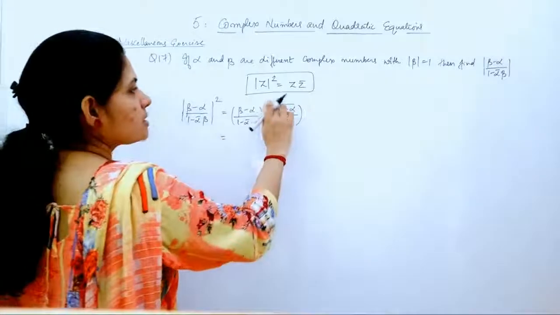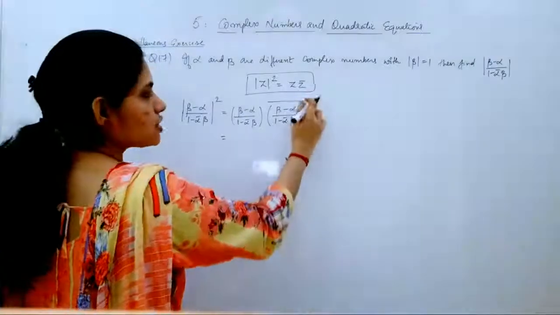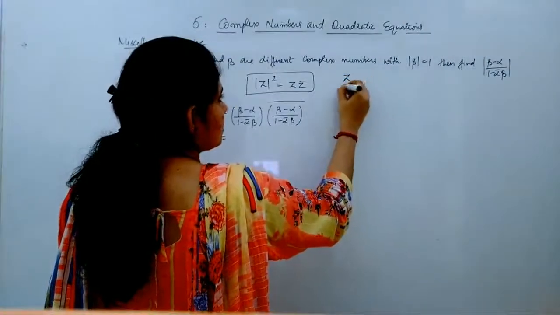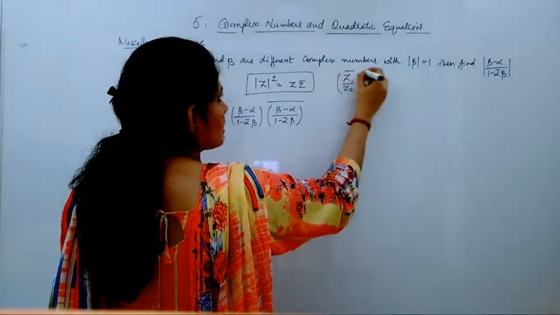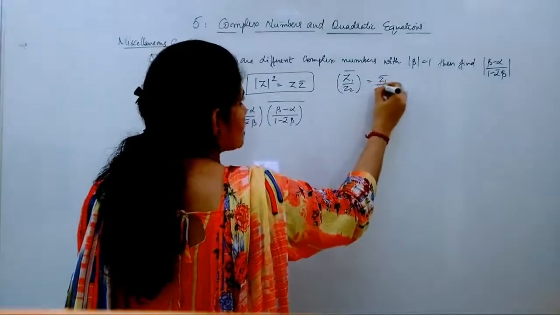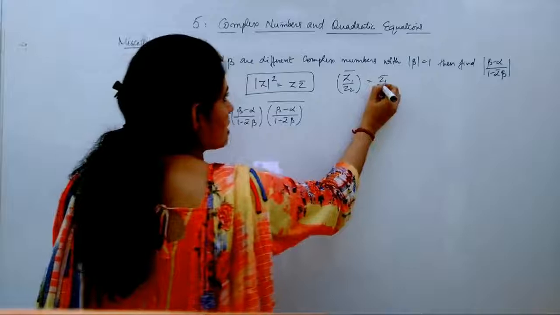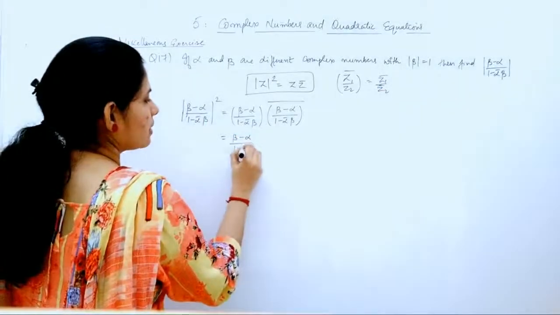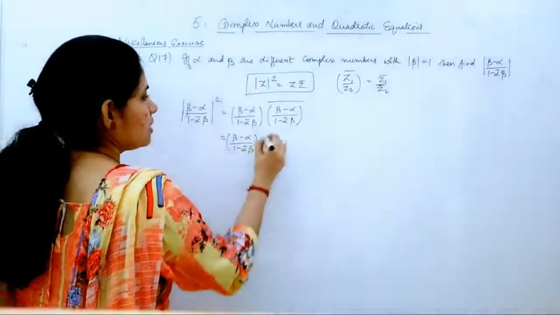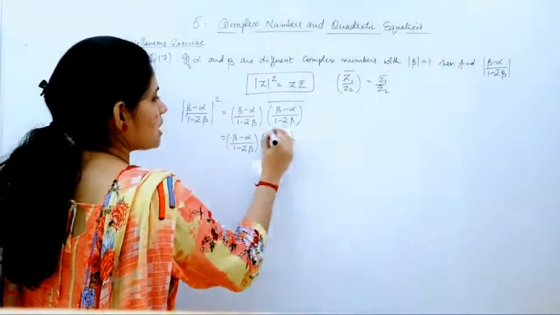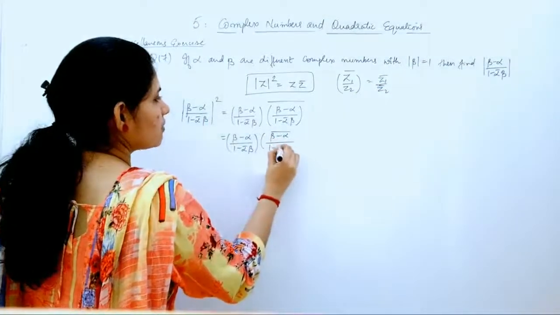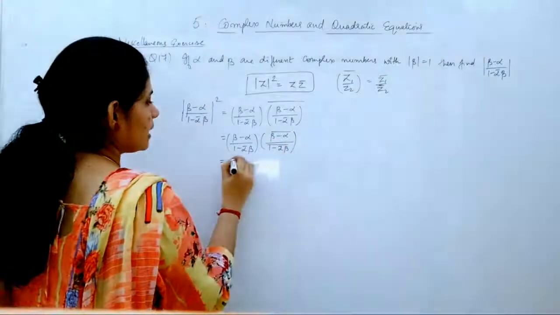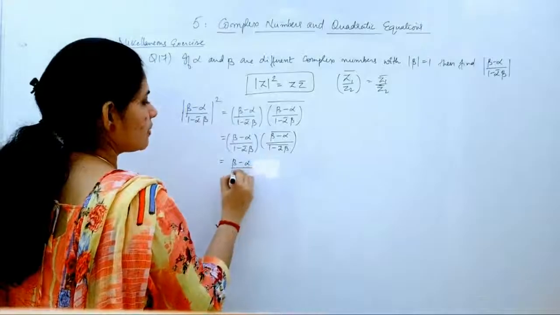The whole bar means this is meant for both the terms, numerator and denominator, and since we know that z1 by z2 the whole bar is same as z1 bar by z2 bar, you can just apply it here, so that this will become beta minus alpha by 1 minus alpha bar beta into beta minus alpha the whole bar divided by 1 minus alpha bar beta the whole bar.